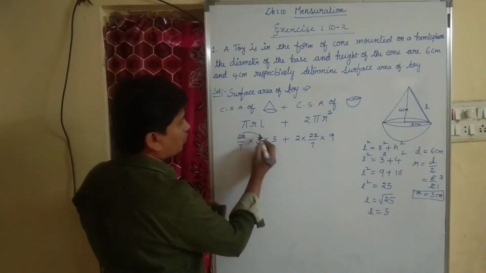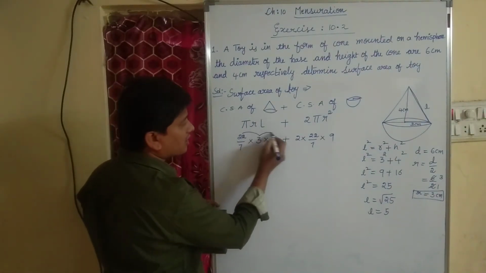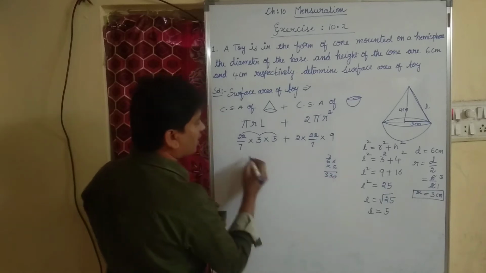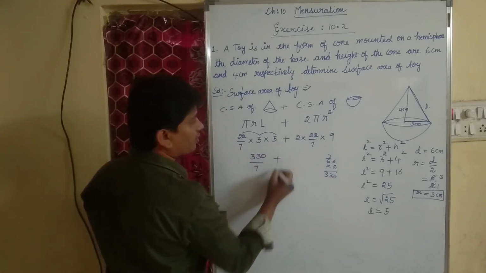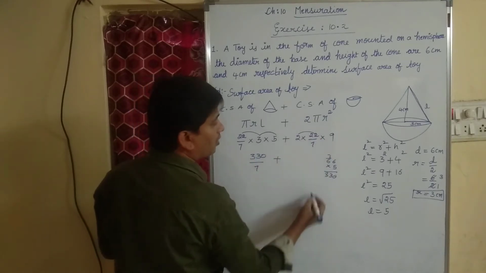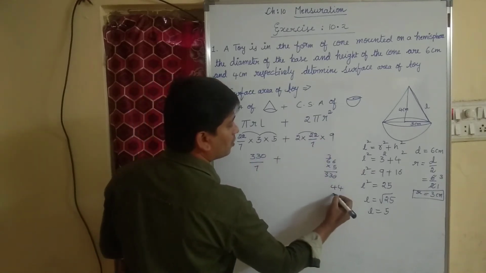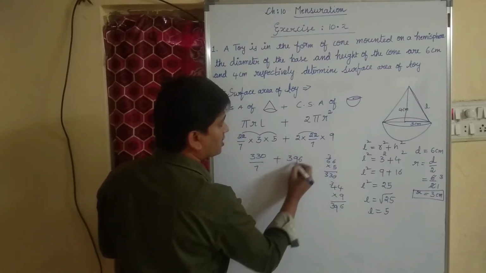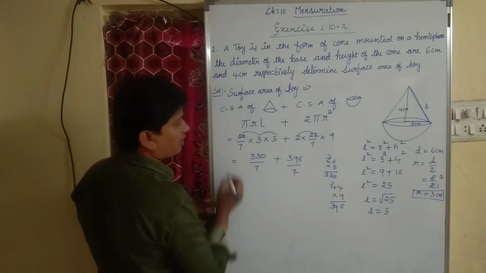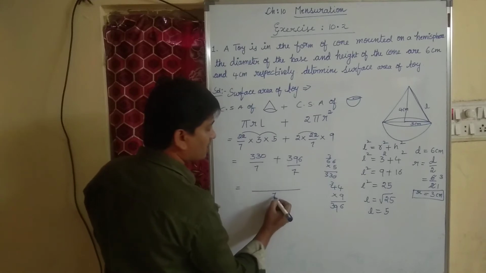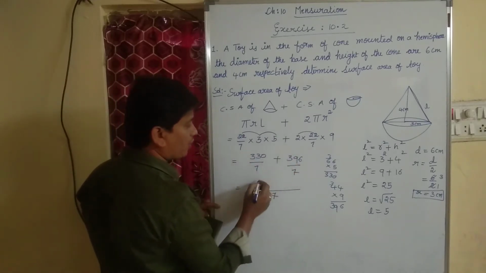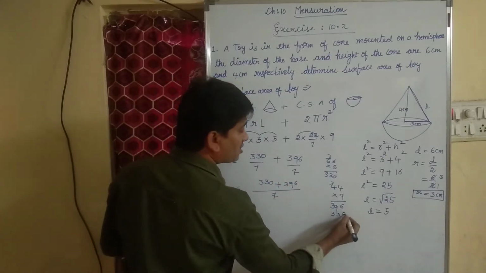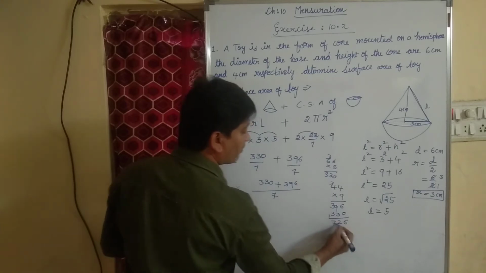Now 22 into 3 is 66, 66 into 5 is 330, divided by 7, plus 2 into 22 is 44, into 9 is 396, divided by 7, right? As the denominators are the same, directly we need to add the numerators, 330 plus 396, that is equal to 726.